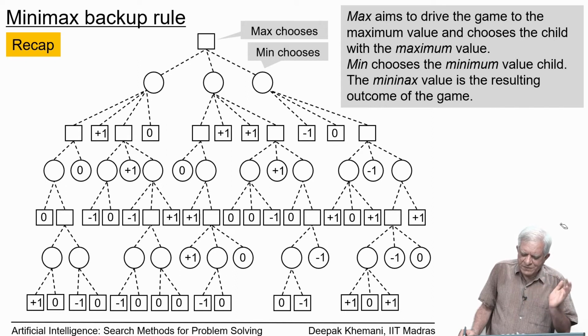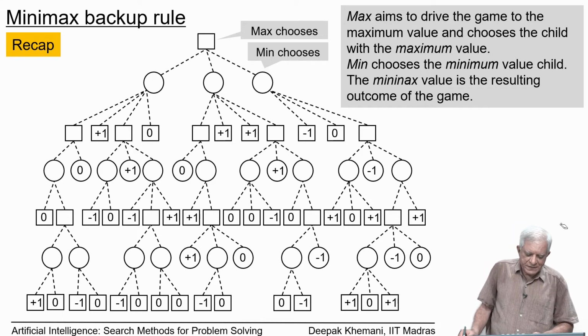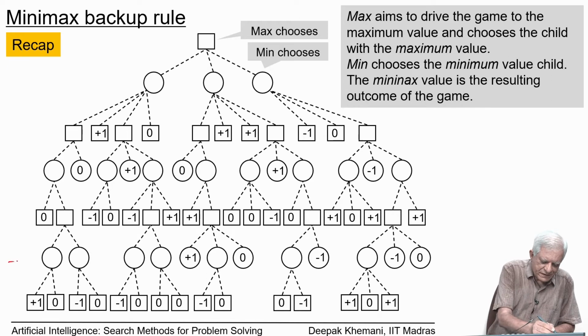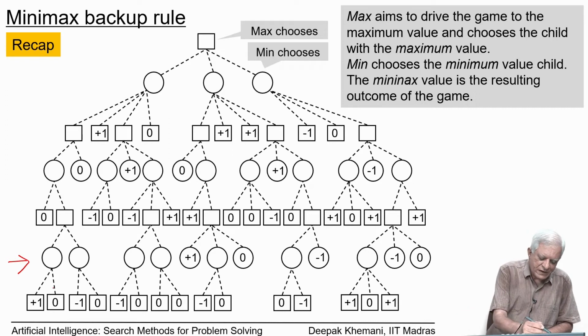And we had seen that this minimax value can be computed in a bottom up fashion by backing up values according to the minimax backup rule, in which at a min level, for example, this is a min level, you will back up the smallest value from its children.